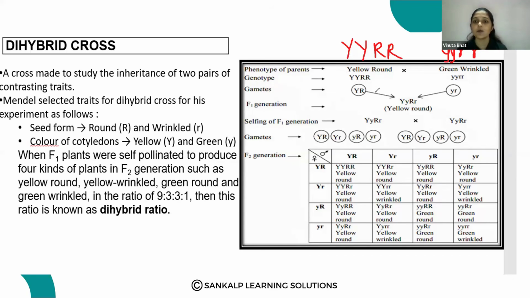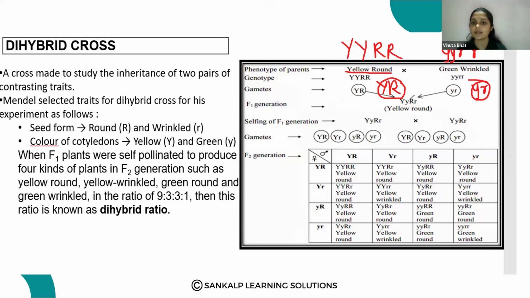Then when they produce the gametes, this yellow round seed producing plant produces gametes that contain capital R and capital Y, and the green wrinkled seed plant's gamete contains small y, small r.